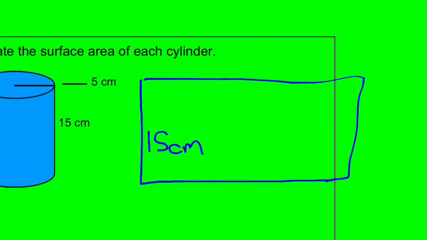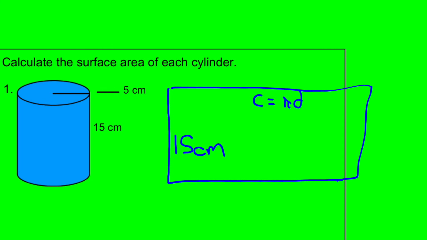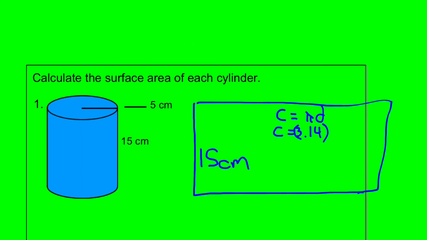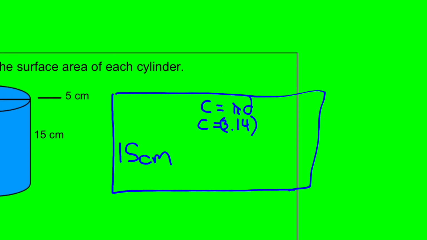So we have a math equation for that. We have that C equals pi times diameter. So we can do that calculation, and that will give us the long part of the rectangle. So we'll do C equals 3.14 multiplied by the diameter of the circle. Now, in this circle, we have been given that the radius is 5 centimeters. That means the diameter of this circle will be 10.